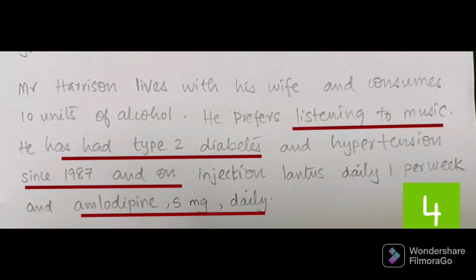It is twice, sorry, there is a mistake. In the last part they have given twice daily: Lantus twice daily, and amlodipine 5 mg daily. In the case of medication, you have to keep a comma in between. So this is regarding the social paragraph.